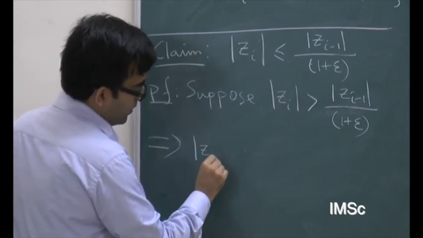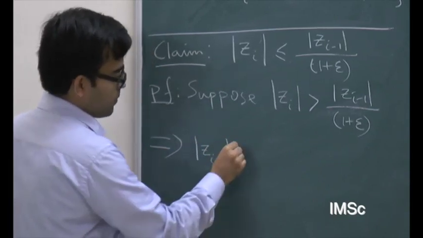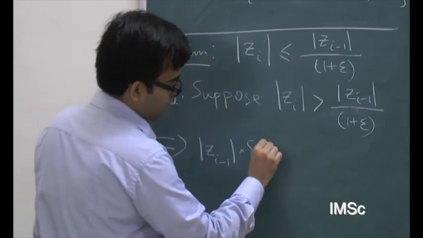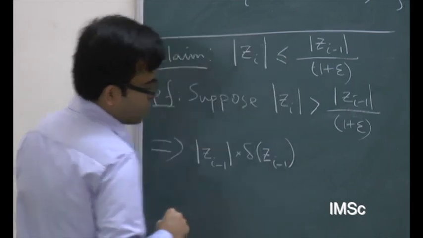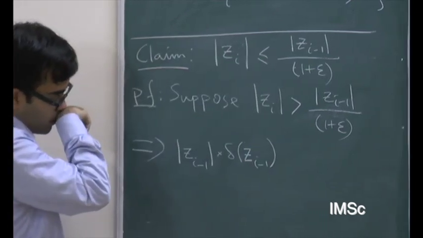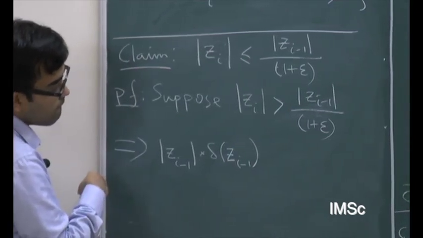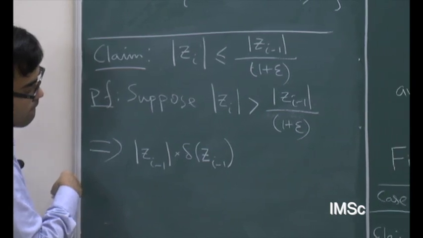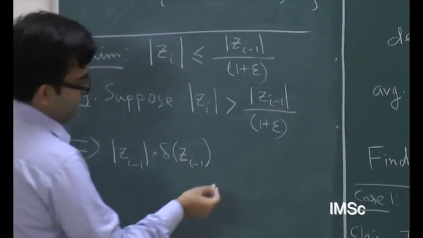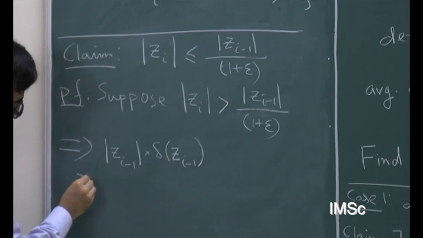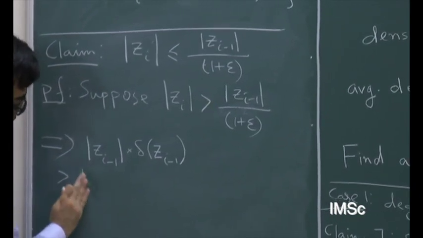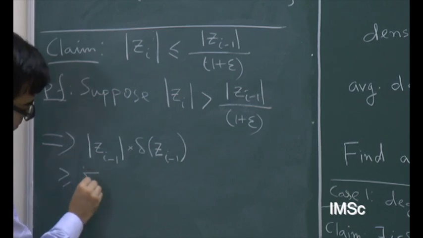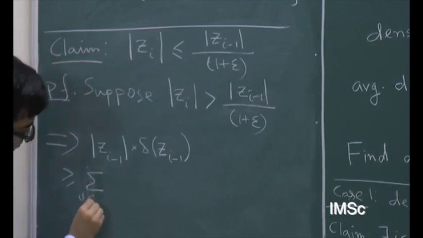just look at the total degree in Zi minus 1. This thing is going to be greater than or equal to the sum of the degrees of the nodes in Zi.